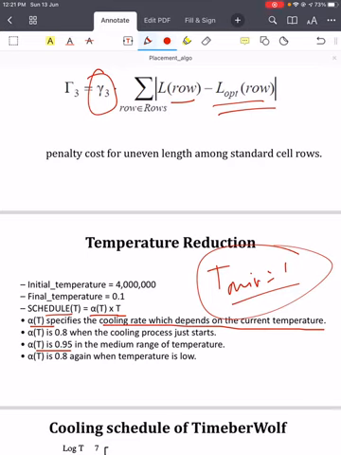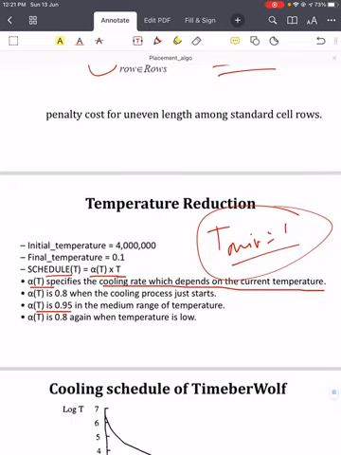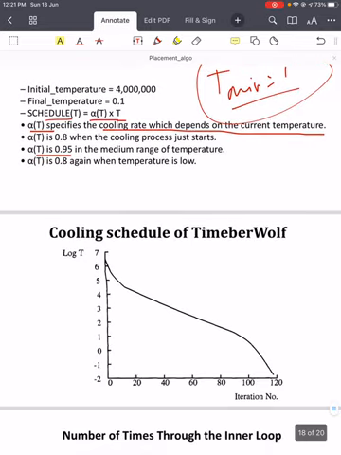This is the way the temperature reduction takes place in the TimberWolf placement problem. What I have discussed, the cooling schedule of TimberWolf, has been depicted through this diagram.